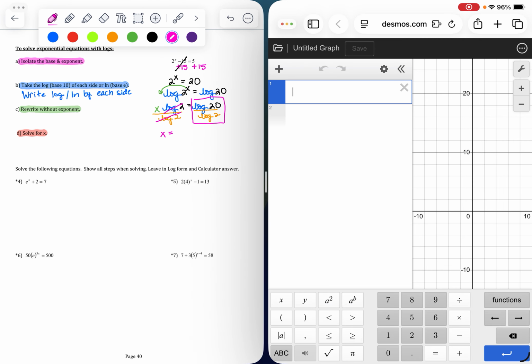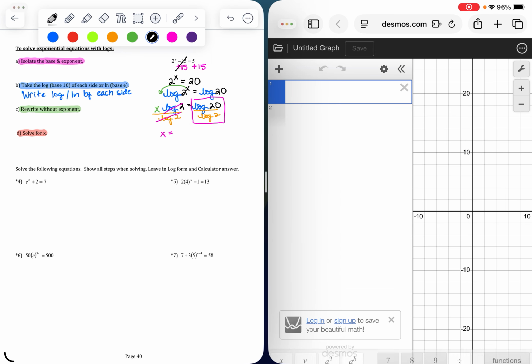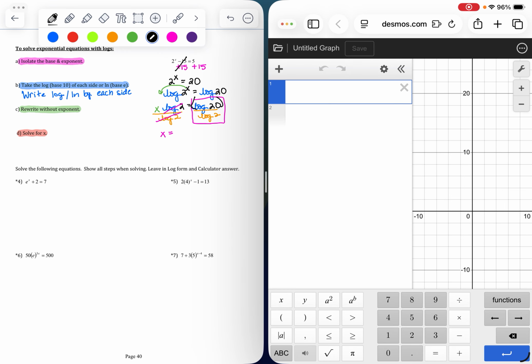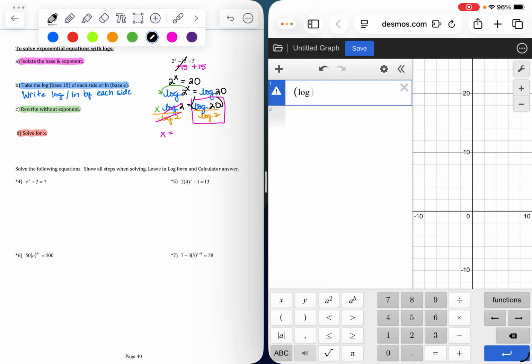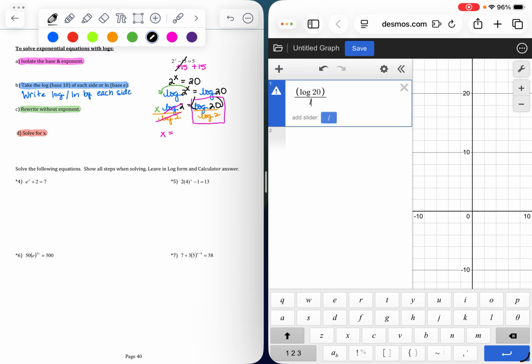Okay, so let's jump to number 5. First thing I want to do is add 1 on both sides, and I'm going to get 2 times 4 to the x power equals 14. The next thing I want to do is divide both sides by 2. So now I get 4 to the x power equals 7.